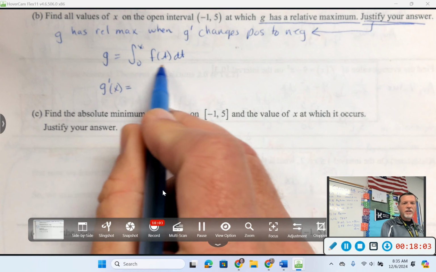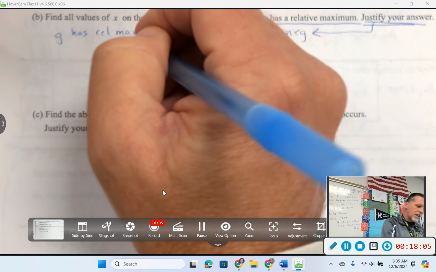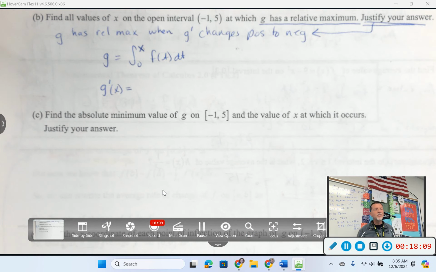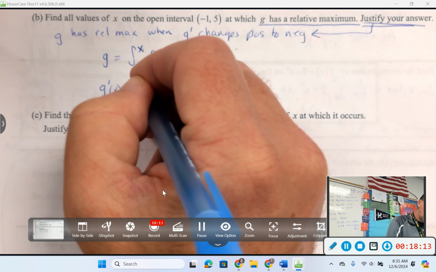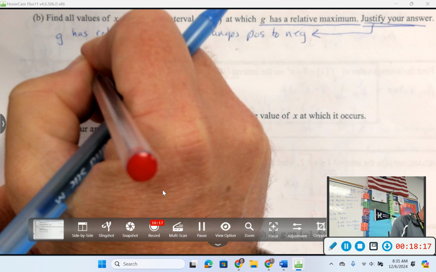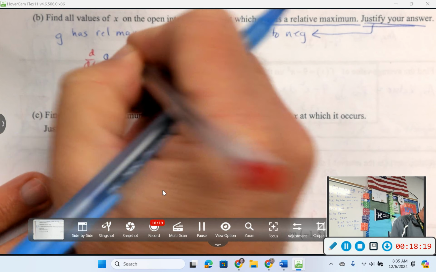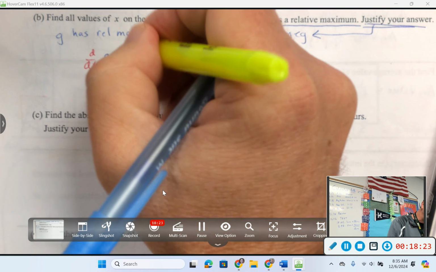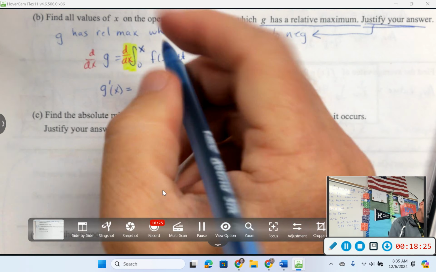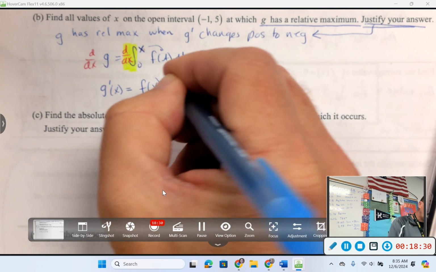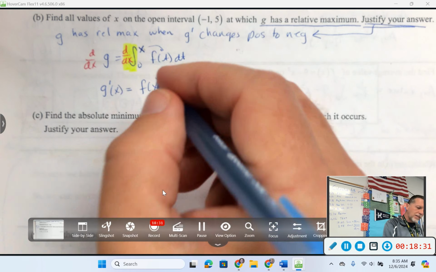What's the derivative of the right-hand side? F of x. Because it's the derivative of an antiderivative. That's the whole point of this lesson, those two things cancel each other out. Plug in the x. Chain rule is just 1, so I don't have to worry about it.